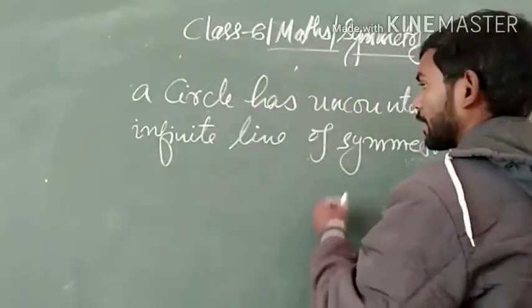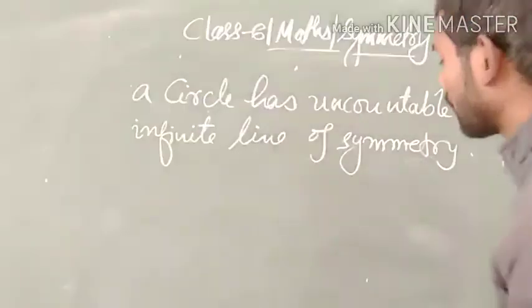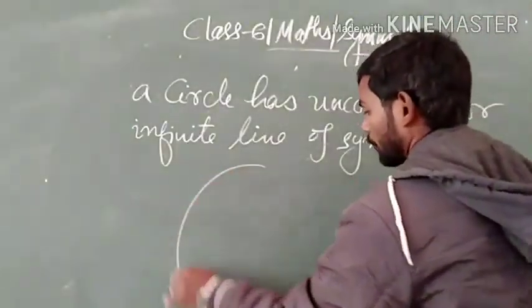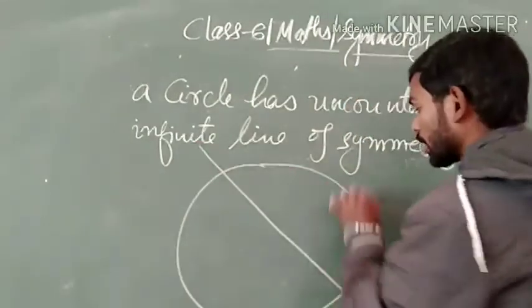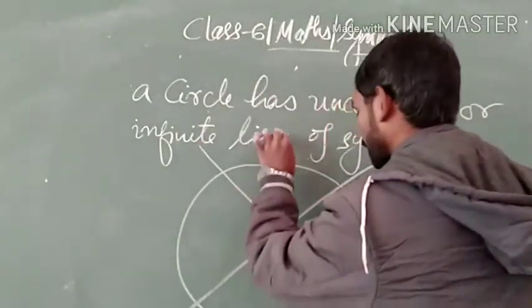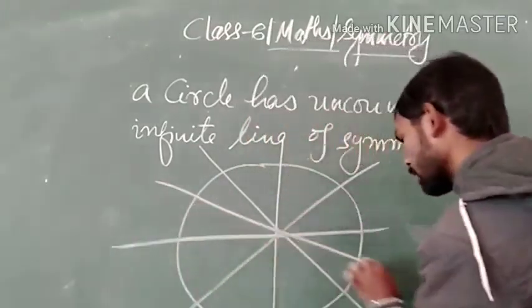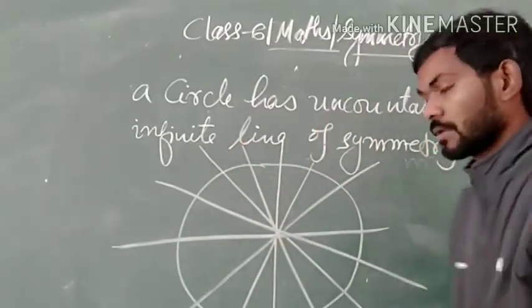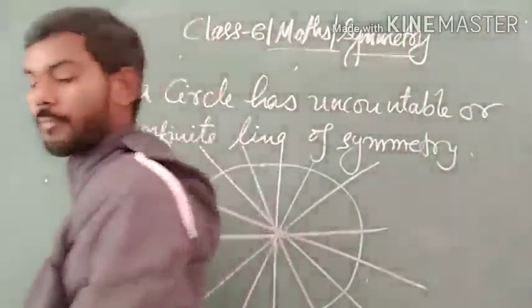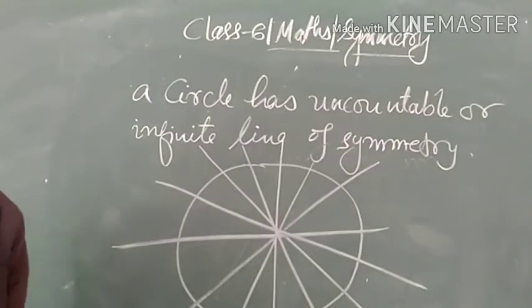So here we can write that a circle has uncountable or infinite lines of symmetry, and we can see it through the figure. The figure represents that it has an infinite number of lines of symmetry.